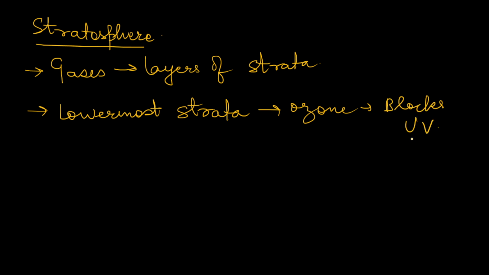And here you should know that as it blocks UV rays, the ozone found in stratosphere is known as good ozone, but the ozone found in troposphere acts as a pollutant, and hence it is known as bad ozone. So please keep it in mind.